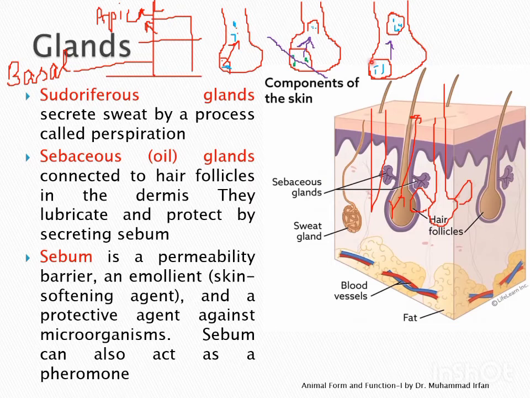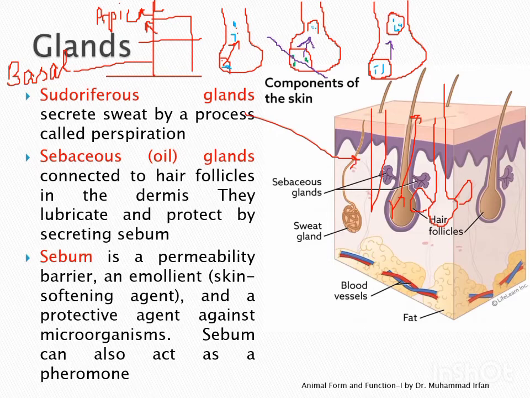In the case of sweat glands, the invagination is only one, so they are simple. These invaginations are in the form of tubes, not in the form of bulbs like in sebaceous glands, and the tubes are not straight, they are coiled. So sweat glands could be called simple tubular coiled glands.